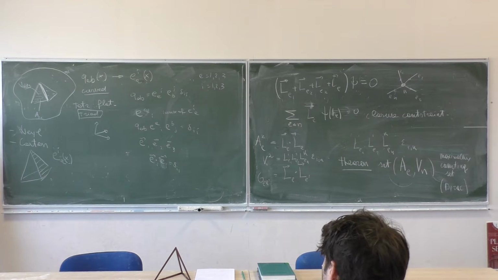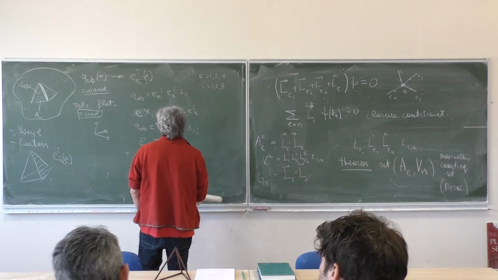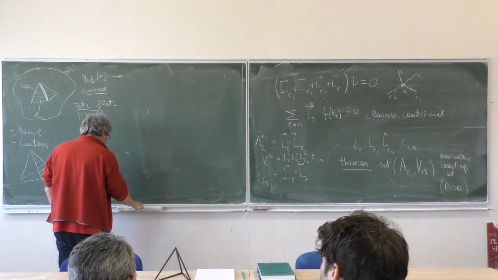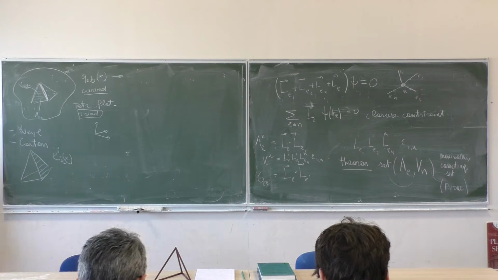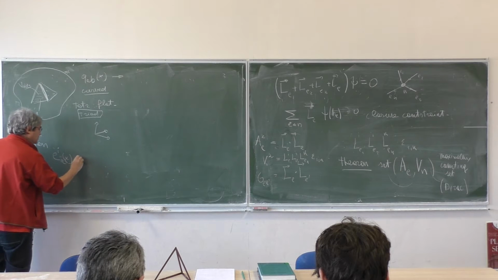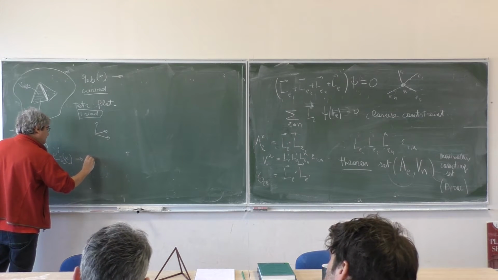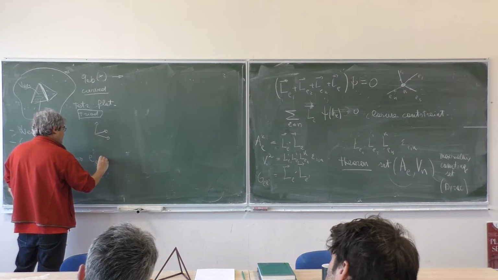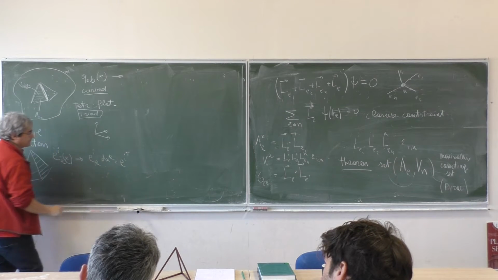Let me do it first using the language of forms, which is easier, and then do it in coordinates for those of you who are not familiar with forms. This defines a one-form, e^i = e_a^i dx^a. So it's a one-form e^i.